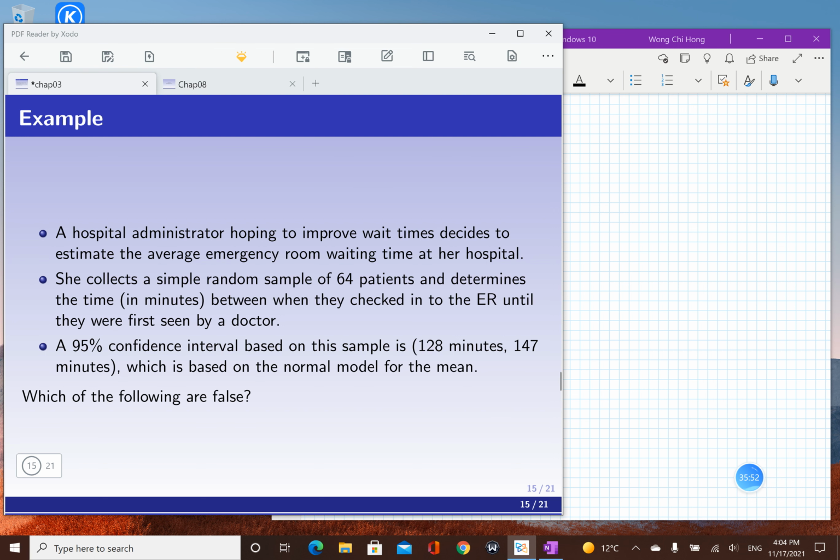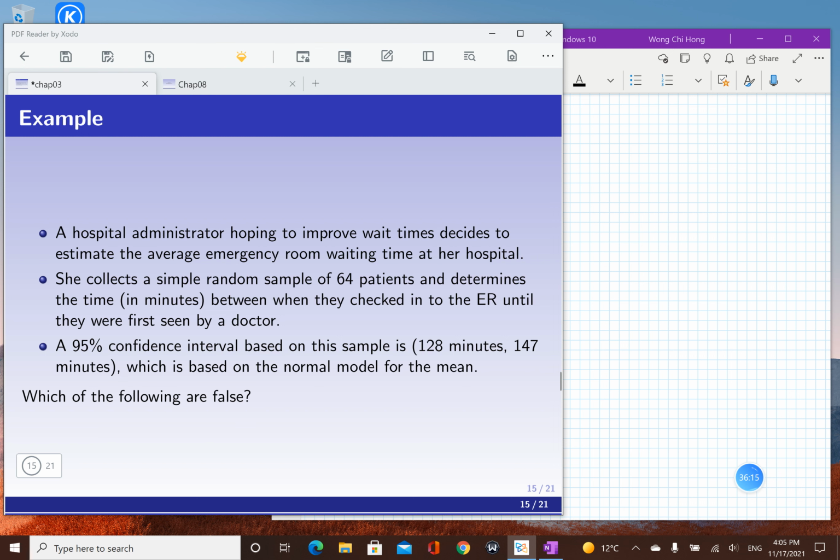In an emergency room these days, there's usually a nurse coming to check what you've got, ask you what your problem is, and then if you have a more serious problem, you get to see the doctor first. If you've got something very minor, then you just have to wait to be served.